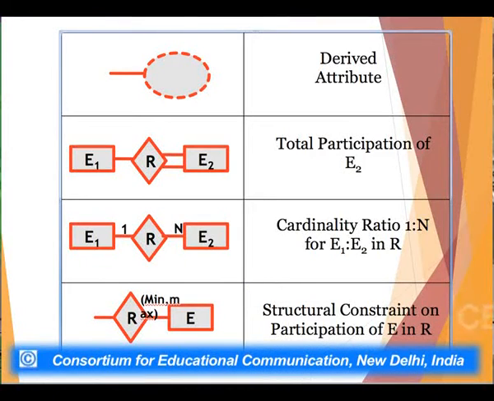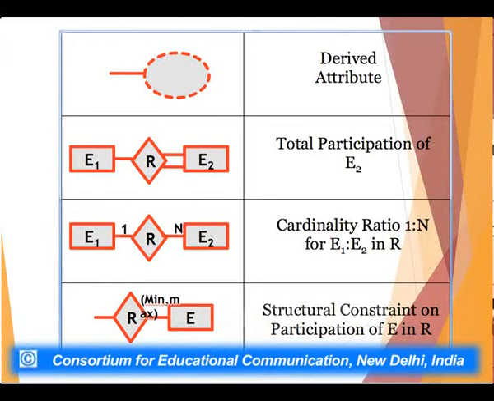Now, what is a multi-valued attribute and what is a composite attribute, we shall be discussing in a short while. Then further, a dotted oval is used to show a derived attribute.